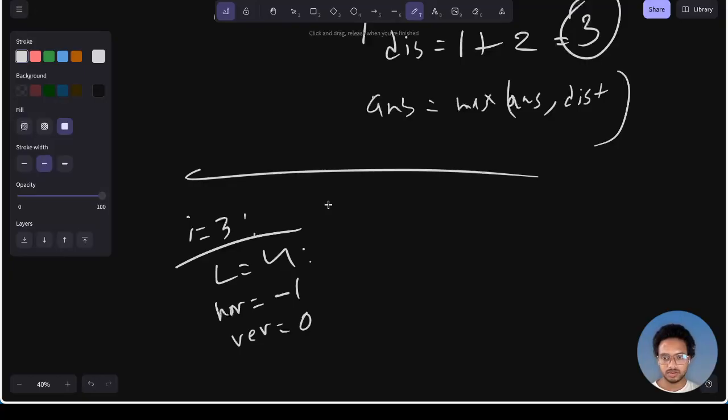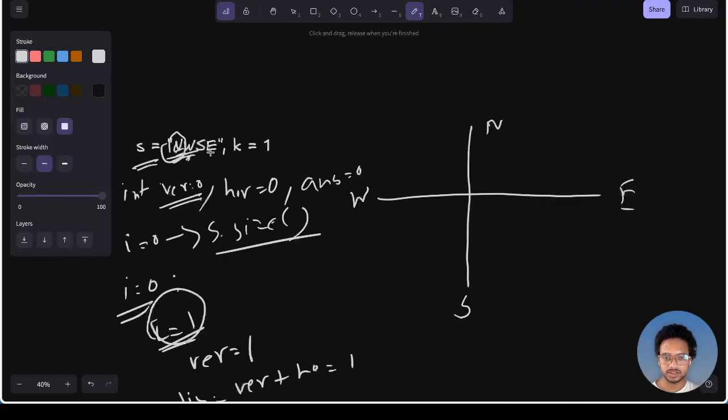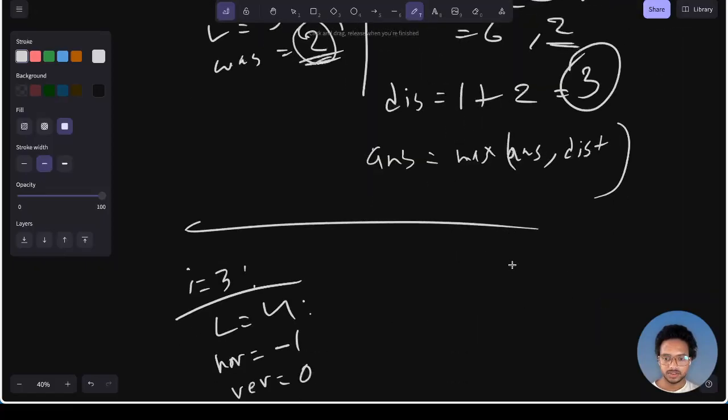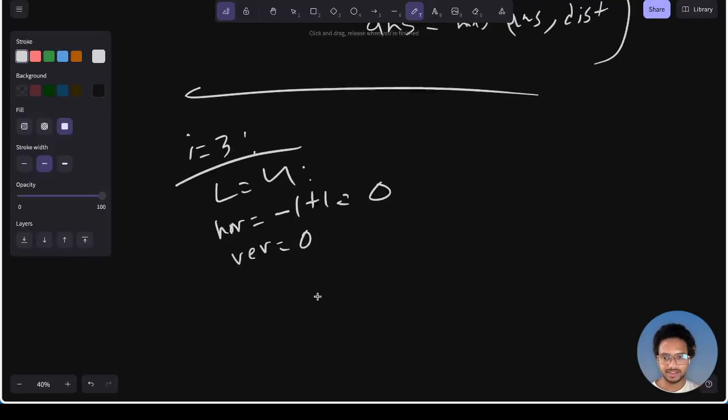And if I is 3, it means it's east. East means I'll add one to my horizontal. So if I add plus 1 here, it will be minus 1 plus 1, which is 0. So my current distance will be 0 here.